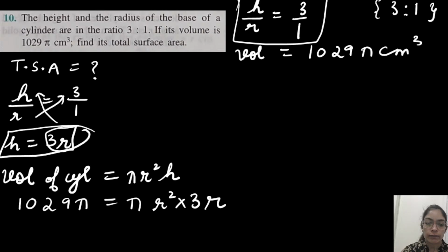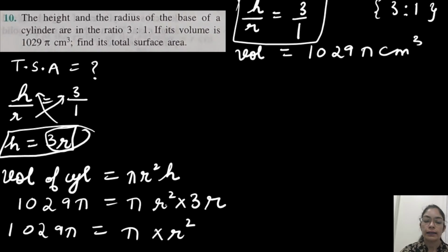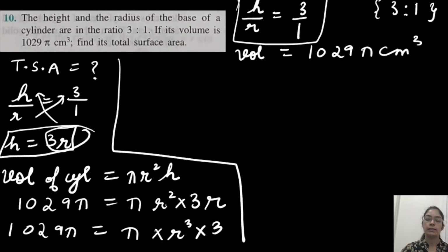So what I will get here: 1029 pi is equal to pi, r square into r, which becomes r cube, into 3. Normally we solve an equation the same way, we will solve this also, because we have to find only one unknown variable, r cube.